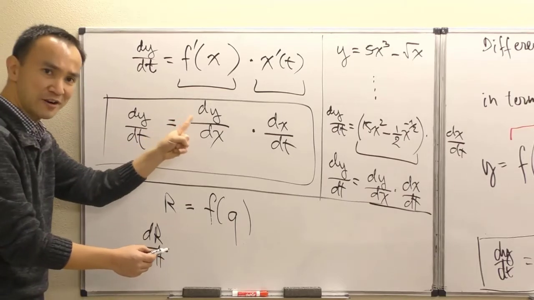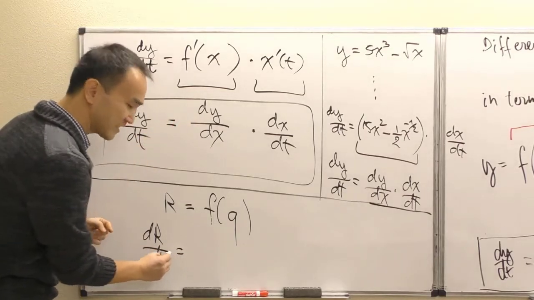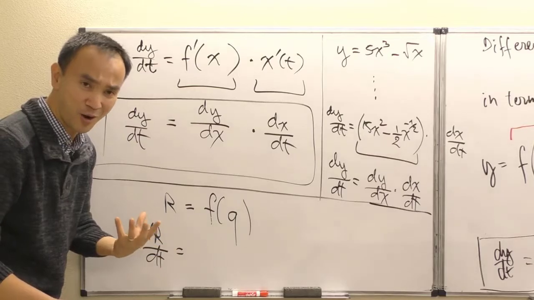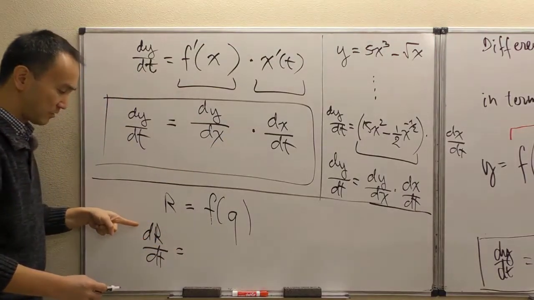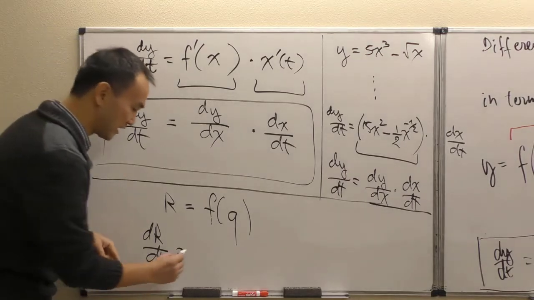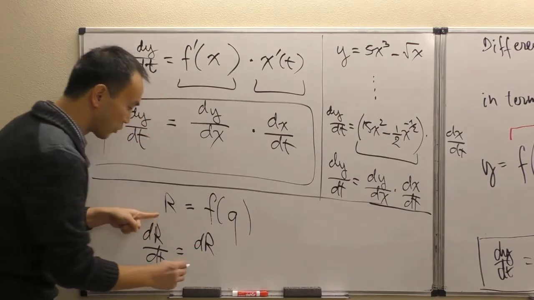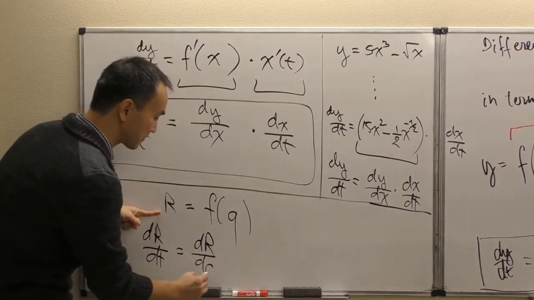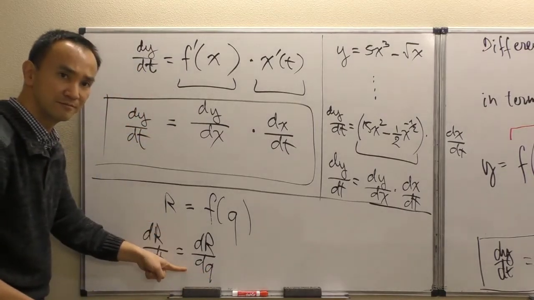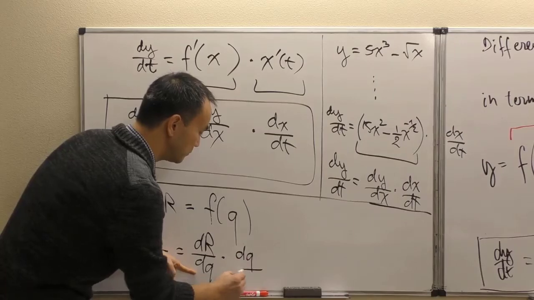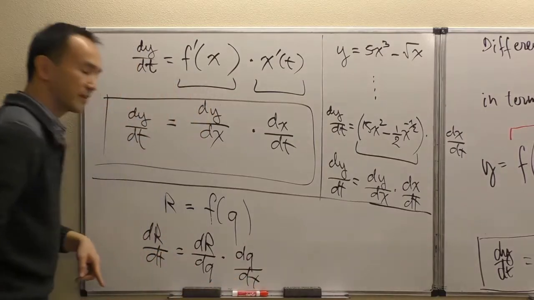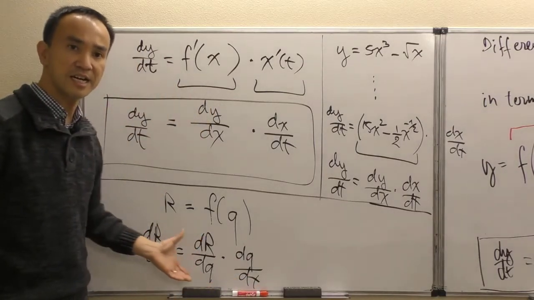According to the generality we have just learned, as an application for anyone going into the business field or econ, dr/dt can be found by getting dr/dq, the derivative of R in terms of Q, and then multiplying that with dq/dt.